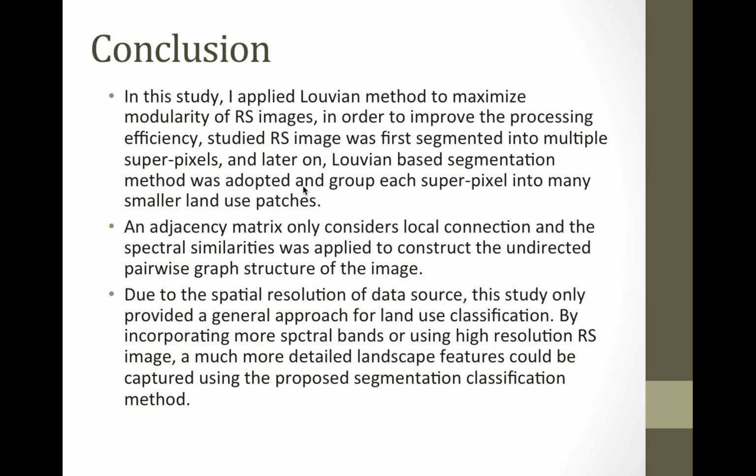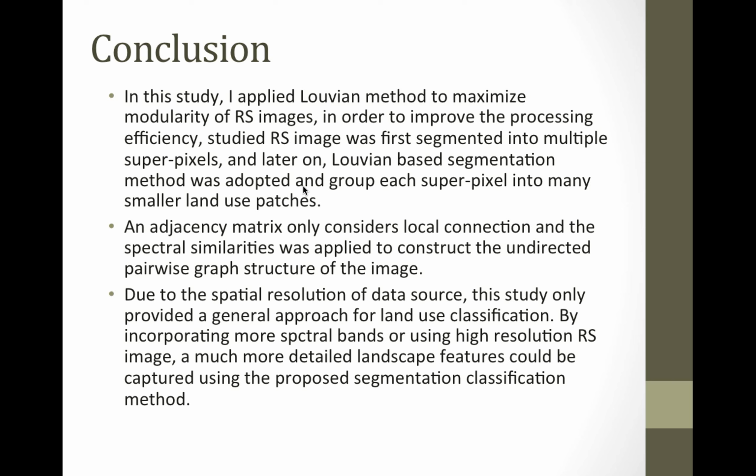So in this study, I applied the Louvain method to maximize modularity of remote sensing images. In order to improve the processing efficiency, first I applied the superpixel-based approach to segment images into superpixels, and later on, the adjacency matrix only considers local connections, and the spectral similarities were applied to construct the graph.